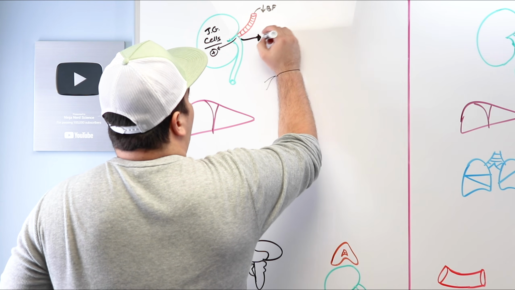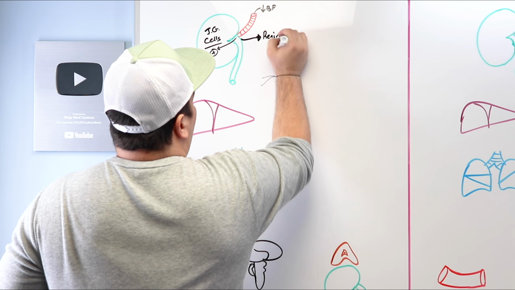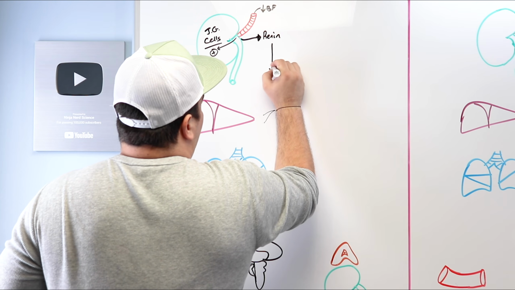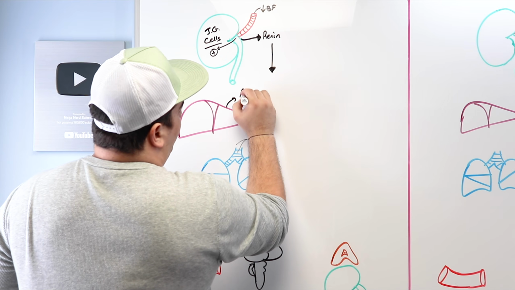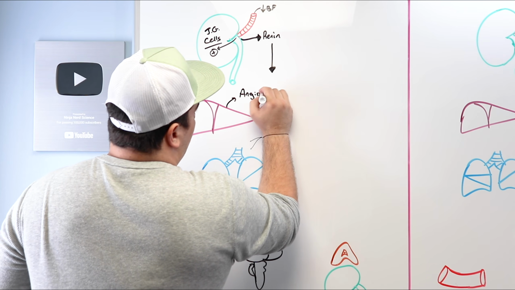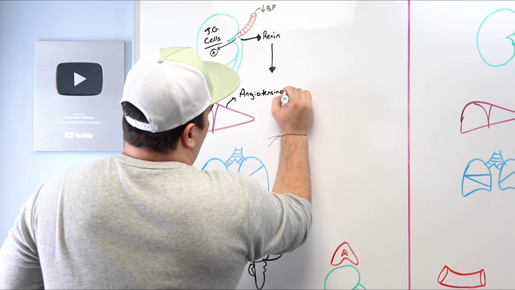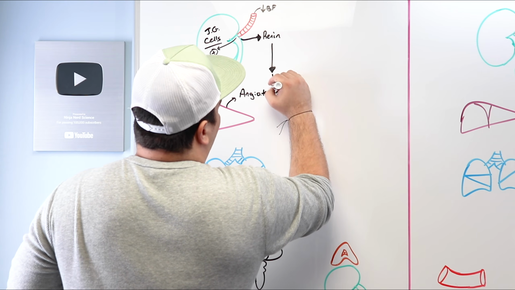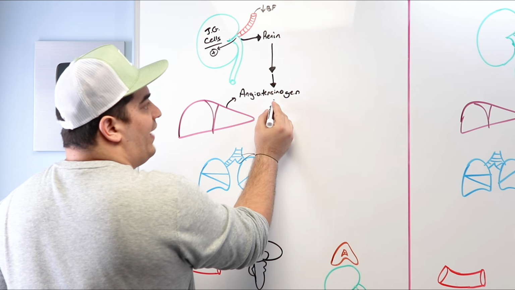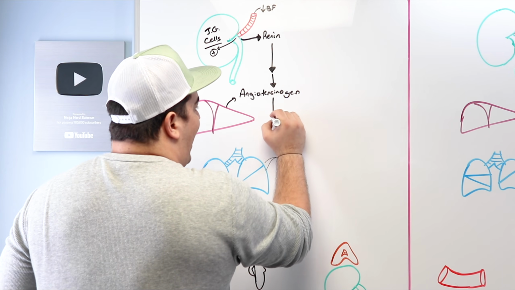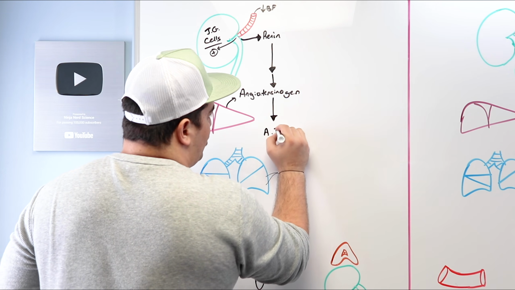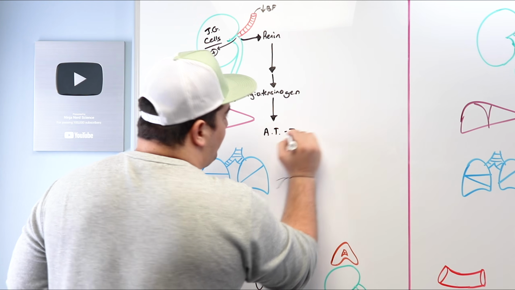Now, renin is a very beautiful enzyme, and what renin does is it converts a protein made by the liver. The liver makes a protein called angiotensinogen, and renin cleaves a couple amino acids off of it, and activates it by turning it into angiotensin 1.